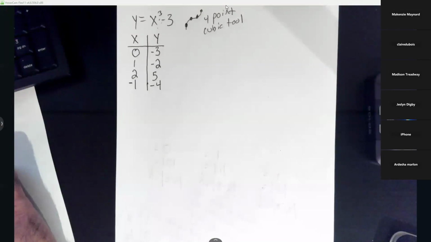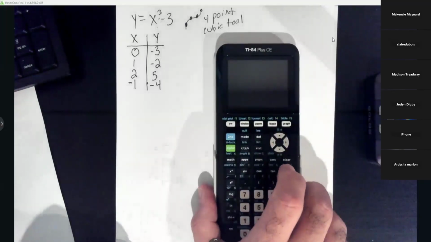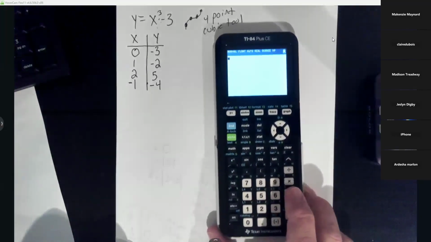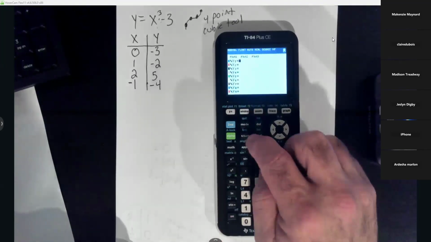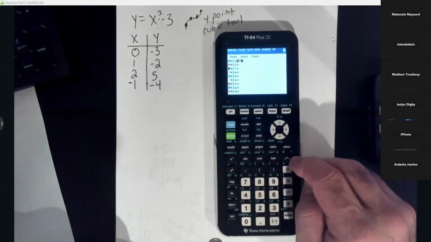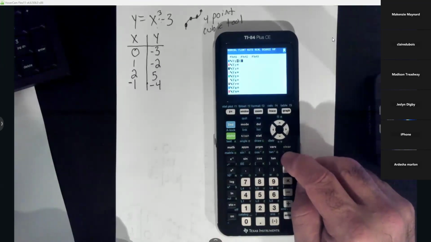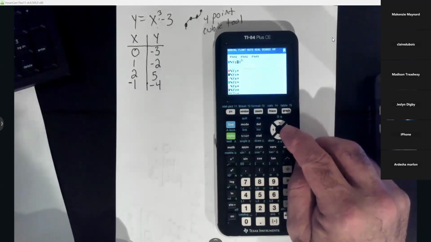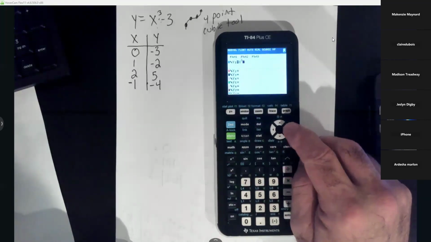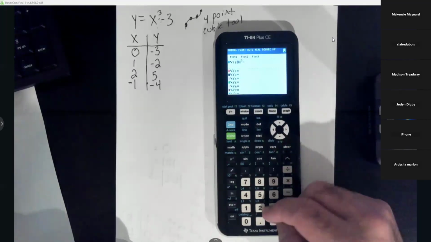Well, actually, let me go back to, let me show you on the calculator here. So we'll go to y equals, so that is x. Now the cube, you use this little arrow up key over here, put in your cube, and then arrow right to come back down, and then put in your -3.